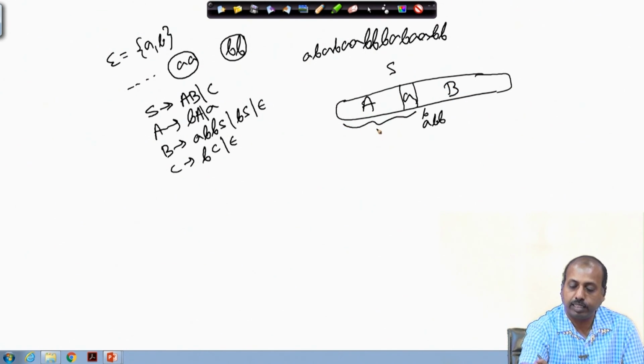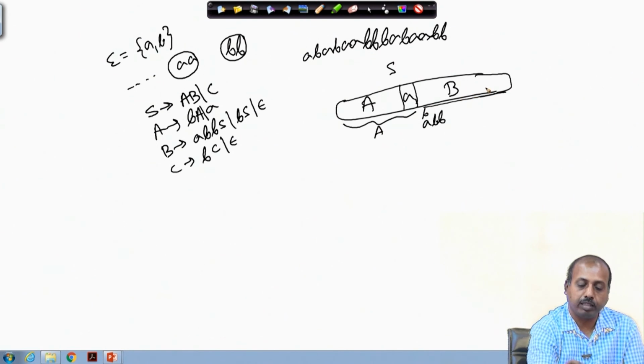So, up to this much is taken as capital A, and this part is taken as capital B. If in capital B there is an A, then this will be B B S. On the other hand, it may be that there is a single A, which was taken care of by the A rule, and then simply another B can come and then S, or epsilon. And C can give the other part, B C or epsilon, which is basically strings of only B's. That is taken care of by this.